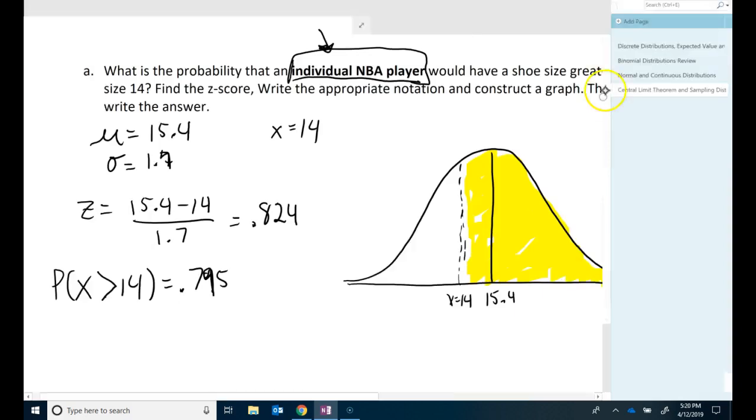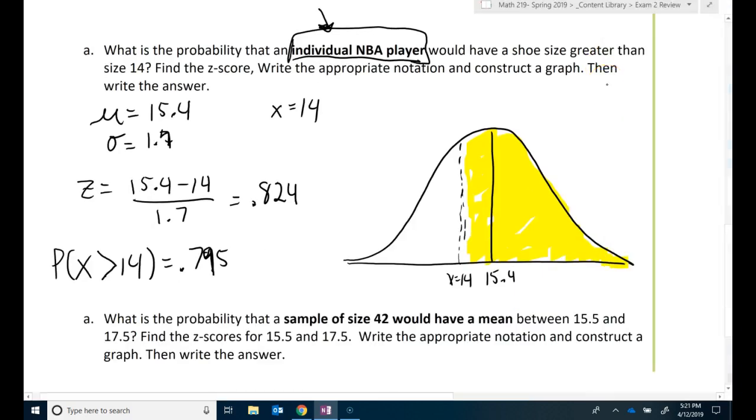All right, cool. Now, let's take a look at this. This actually ends up being D. This is C. This is D. Okay. What is the probability that a sample of size 42 would have a mean of between 15.5 and 17.5? All right. Well, first, one thing I want you to notice: it's a sample of size 42, and we're looking for the probability of a mean versus an individual NBA player.